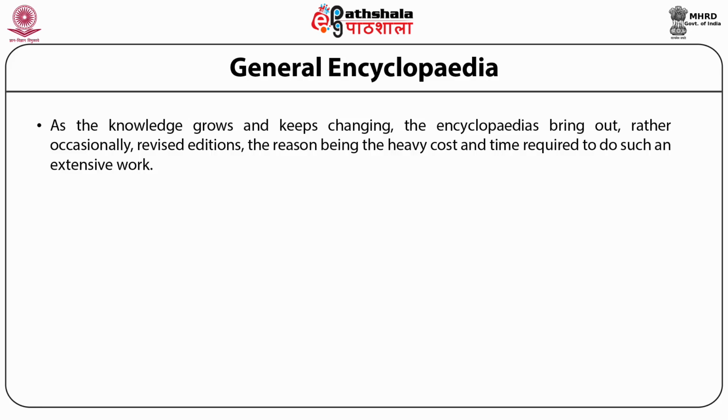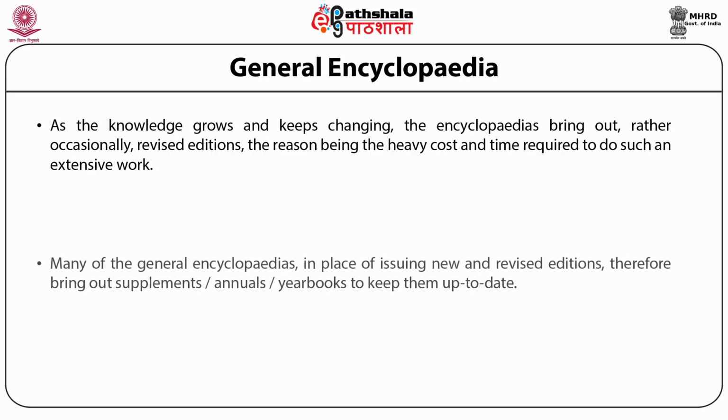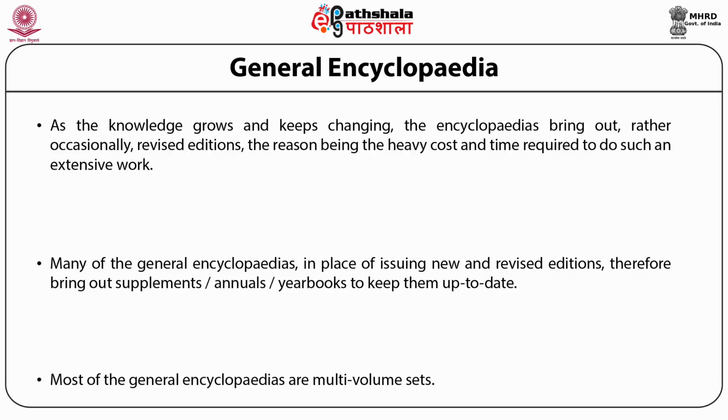So most of the general encyclopedias, in place of issuing new and revised editions, bring out supplements or annuals or yearbooks to keep them up to date. Most of the general encyclopedias are multi-volumed sets.